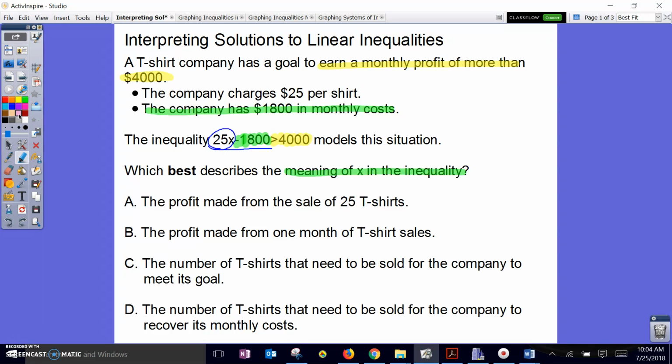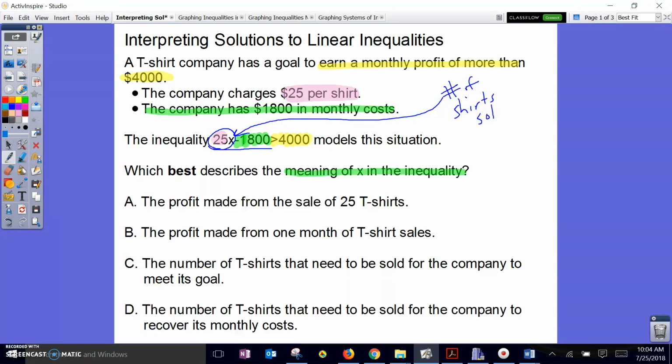And we see that they charge $25 per shirt. So the 25 is the cost per shirt. So what does that make x? Well, if we take the cost of the shirt times something, what are we multiplying the cost of the shirt by? Well, we're multiplying the cost of the shirt by the number of shirts that are sold in order to get the revenue.